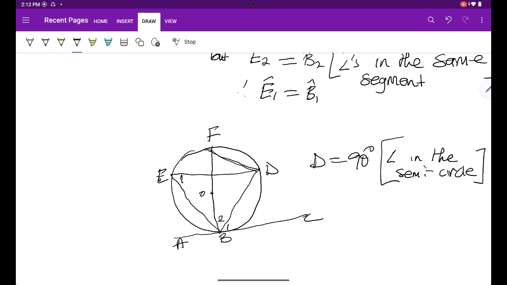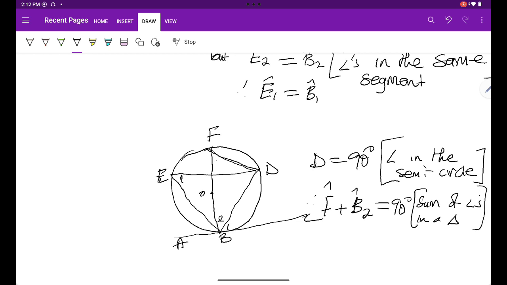Now if D is 90 degrees, then you look at triangle FDB. It means therefore that F plus B2 is also 90, because already in this triangle D took 90 degrees, therefore F plus B2 must also be 90 degrees, because the sum of angles in a triangle is 180.